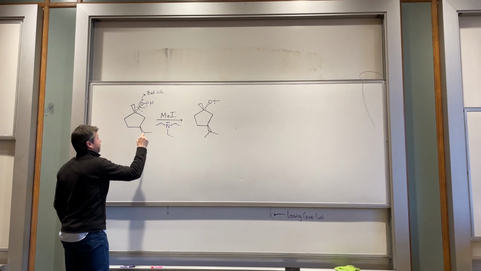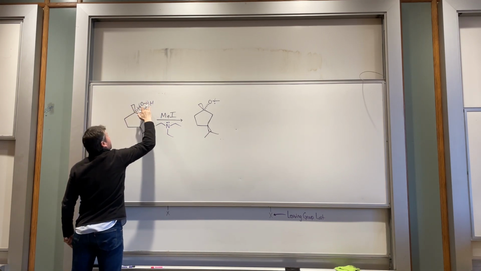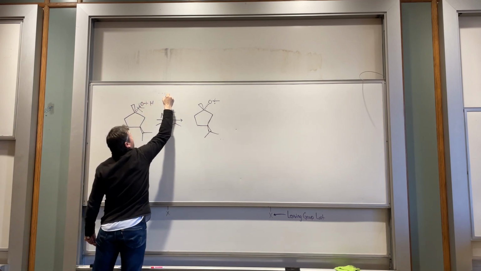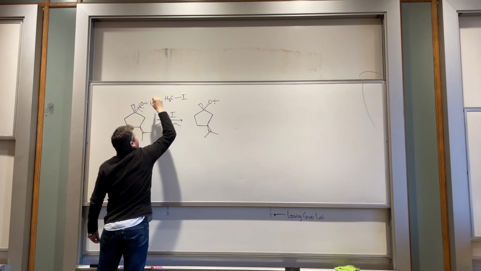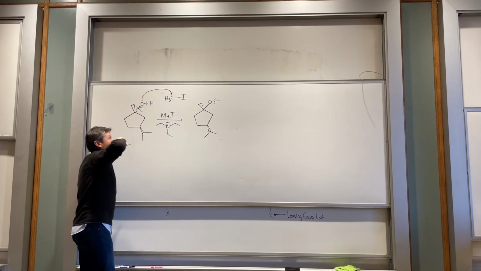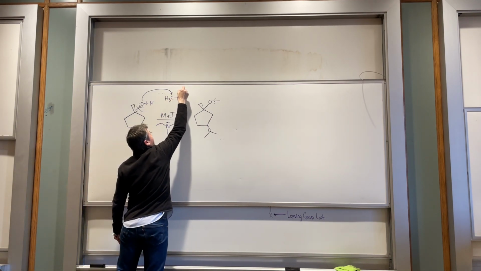All right, so if we look mechanistically at what's going on, in this case the alcohol is going to be able to add to this methyl iodide, right? This is a methyl electrophile, which can easily undergo SN2 chemistry.